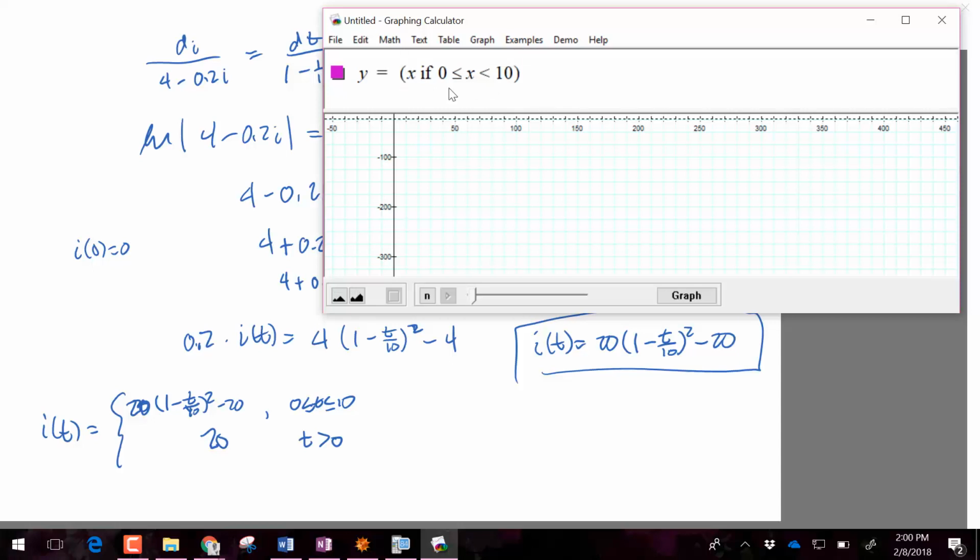Haha, I'm not doing this right. And then there it goes. 20 if x is bigger than 10.